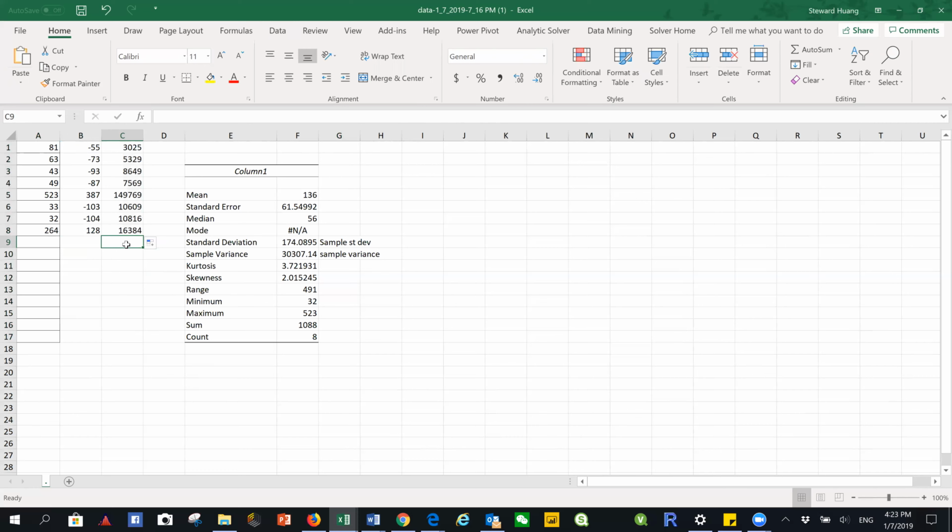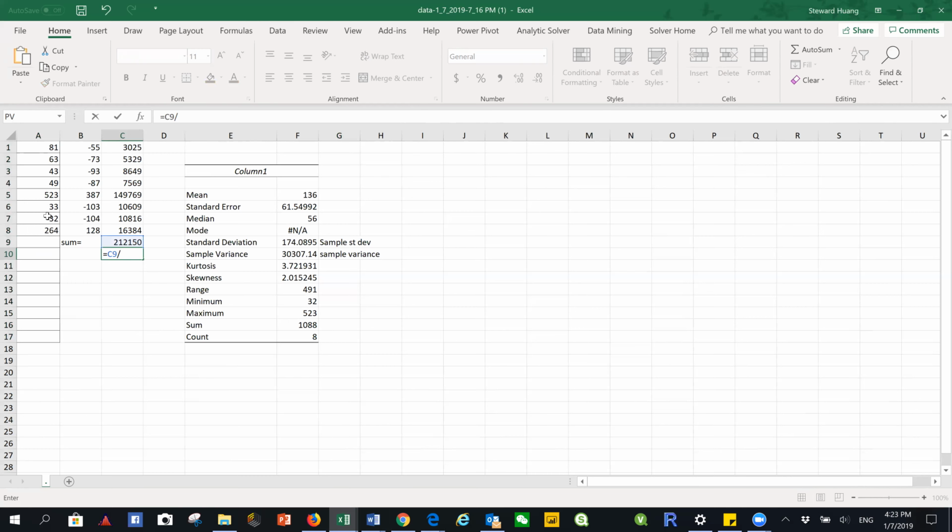Then take the sum of all of them, then divide this sum by the number.